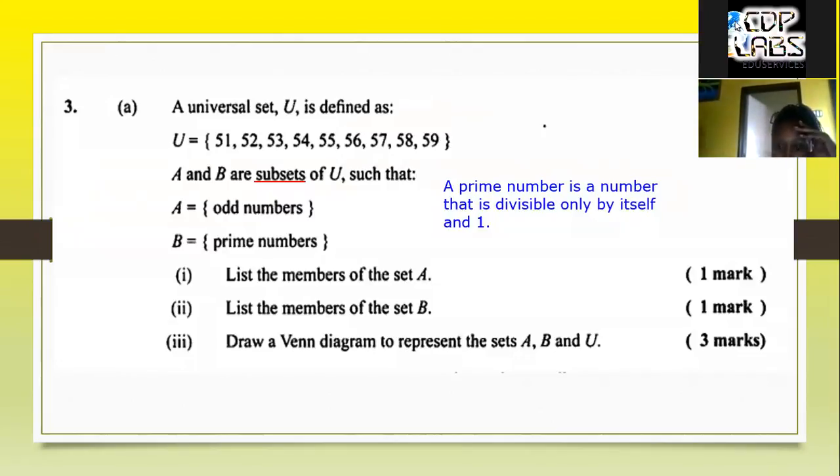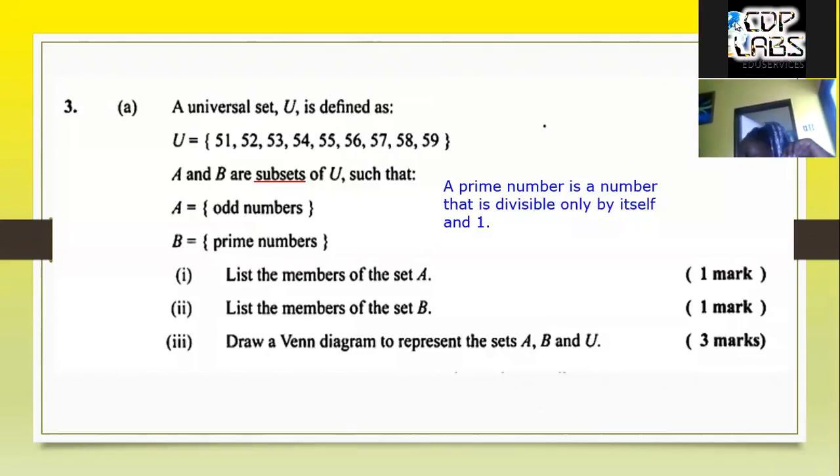Alright, so 51 is not. Let's try 53. You can divide 53 by 3 and see how much you get.